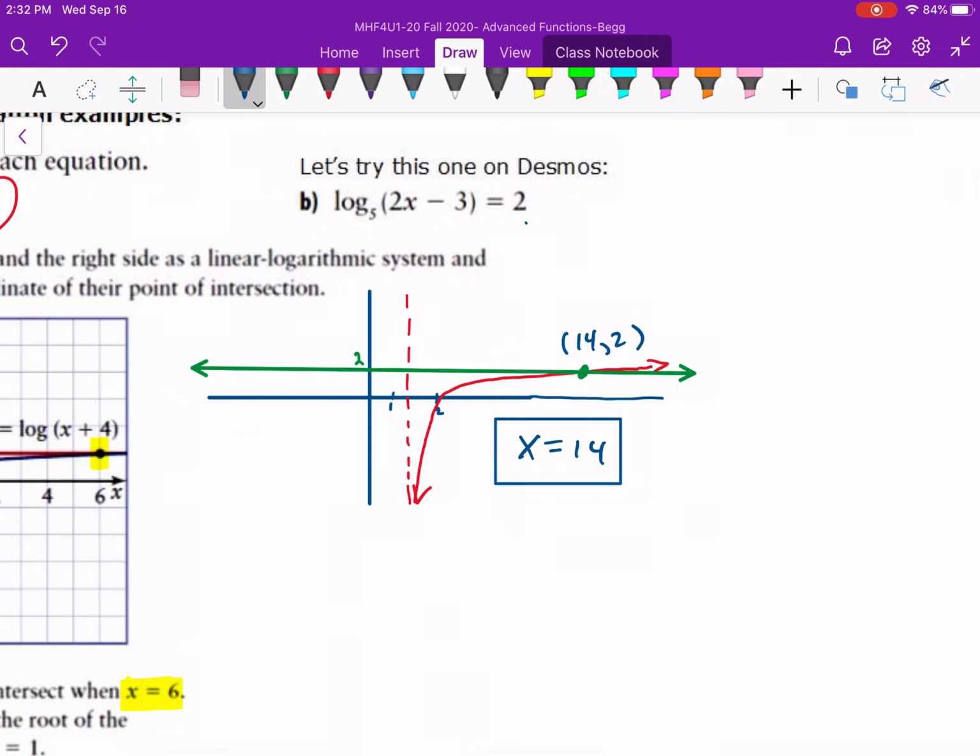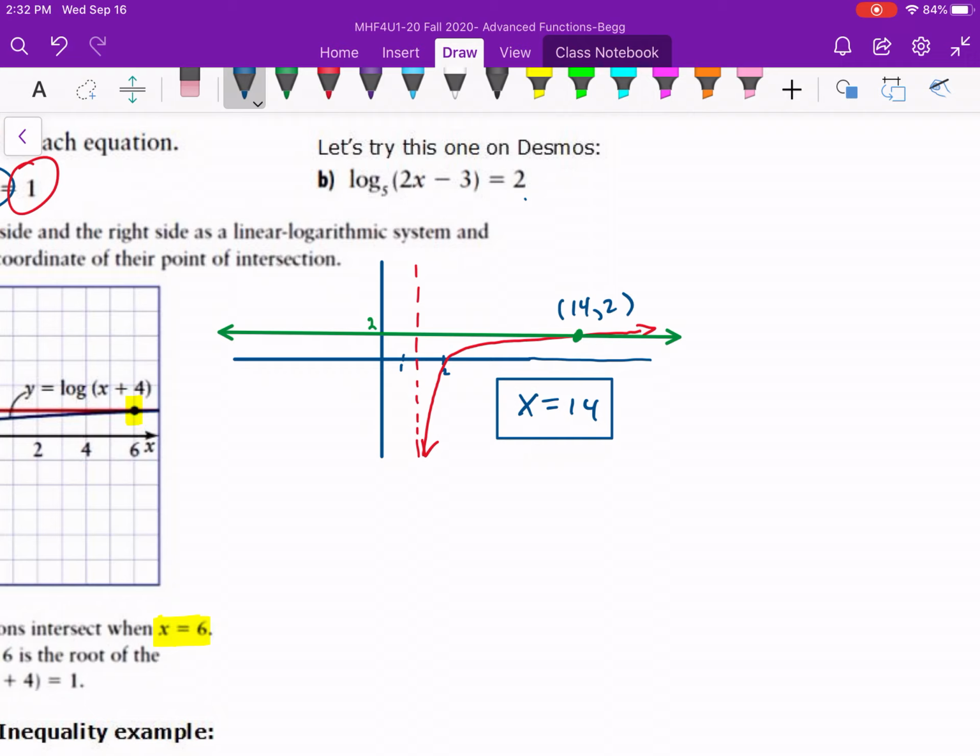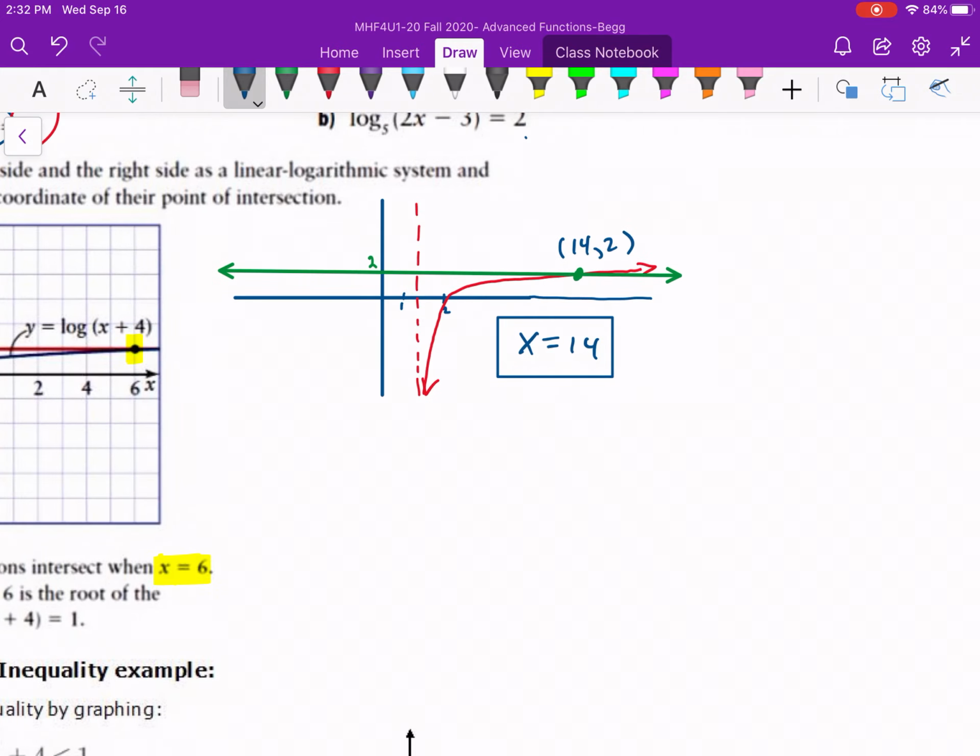But as I said, we could have also done method 2. We've seen the two methods before when we did rational functions. The other one was to put everything on the one side and then just see where it's above or below the x-axis. So let's do that as well. So the other possibility is we could have log base 5 of (2x minus 3), bring the 2 over to the left side, so we have a minus 2 there, equals 0.